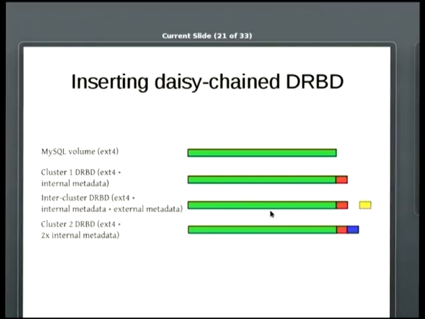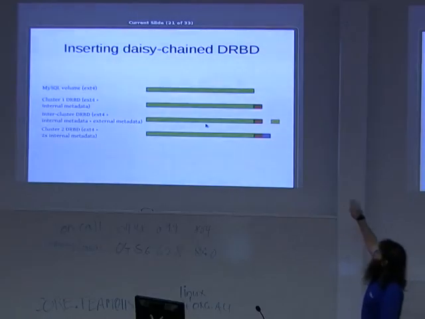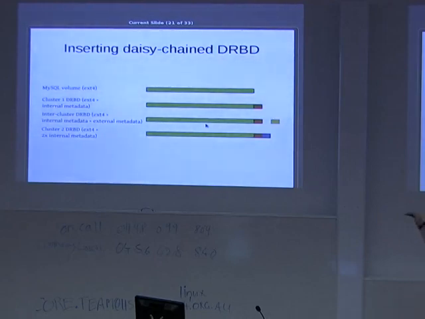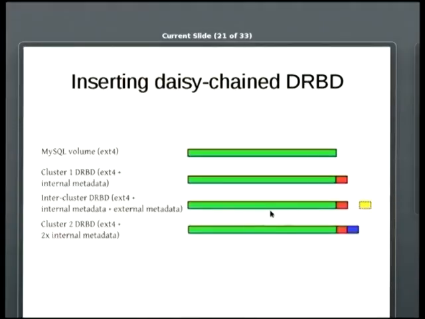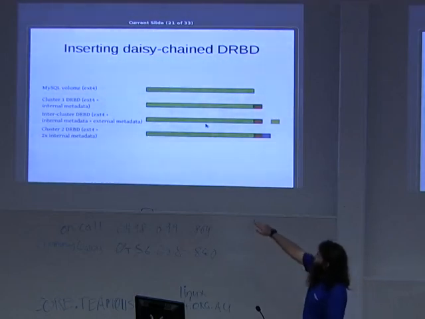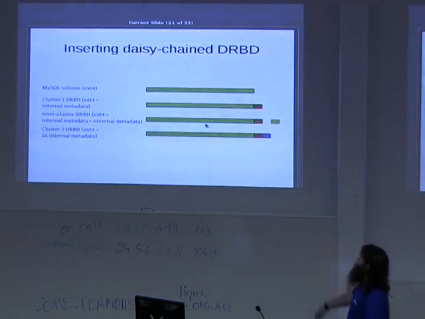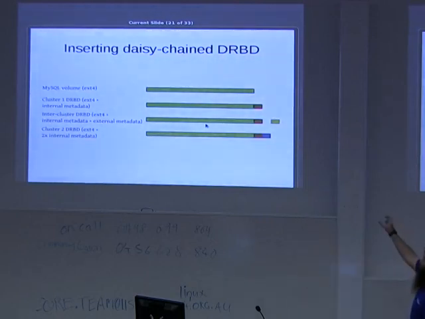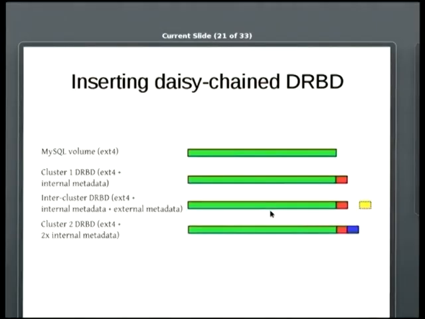The reason for this is that to any lower layer in the DRBD chain, the internal metadata of an upper layer is just data. So what you have at the top is a file system that MySQL or Percona is using. And then cluster 1's DRBD has its internal metadata. That's what we started with.